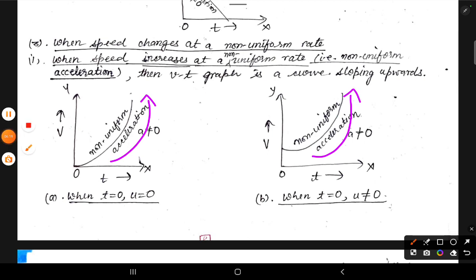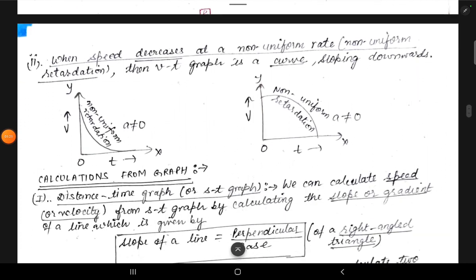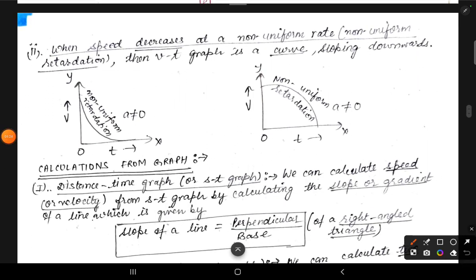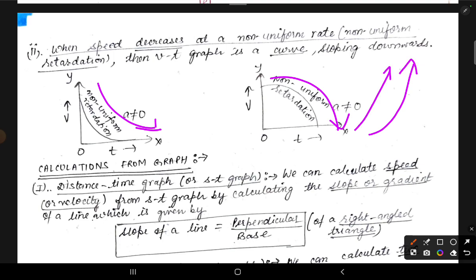And it can also move down in case of deceleration, moving down like this. This is called retardation. For acceleration, things will move like this or straight like this. This is for uniform acceleration. This is for non-uniform acceleration. But this is retardation or non-uniform retardation.